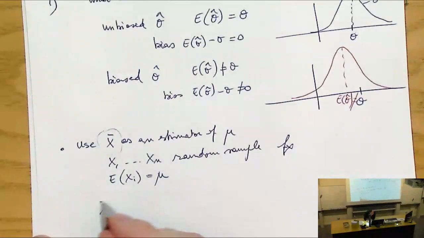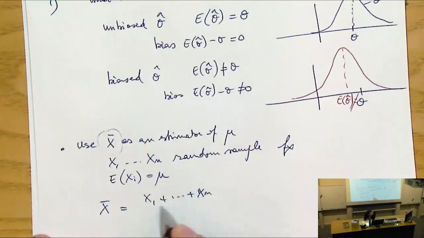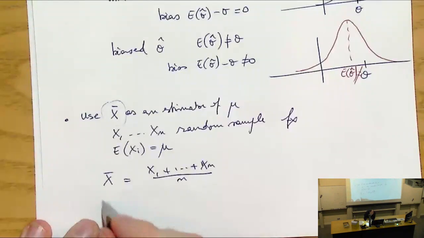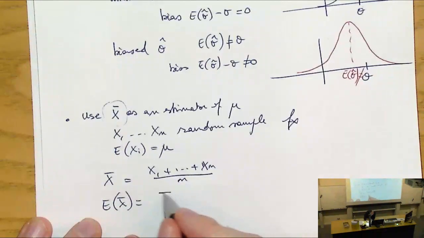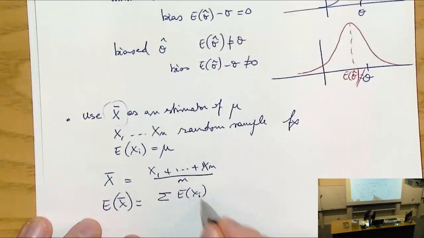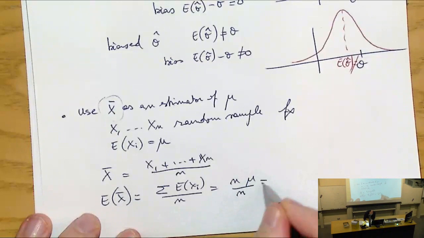So x bar is x1 plus ... plus xn divided by n. If I take the expectation of x bar, this is the sum of the expectations of xi divided by n, so this is n multiplied by mu divided by n. This is mu.